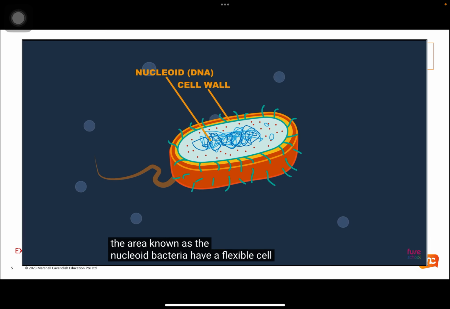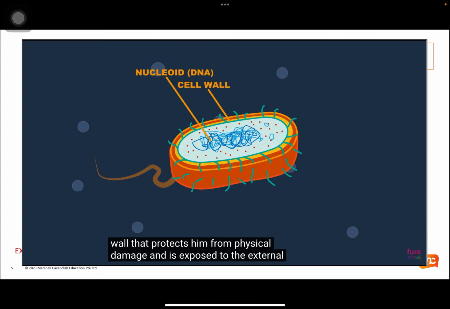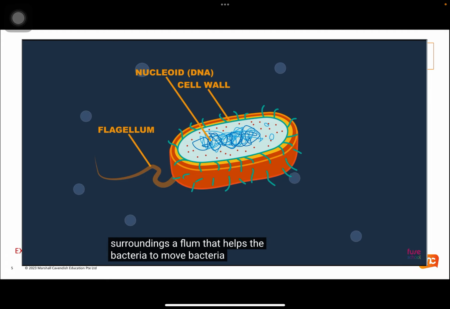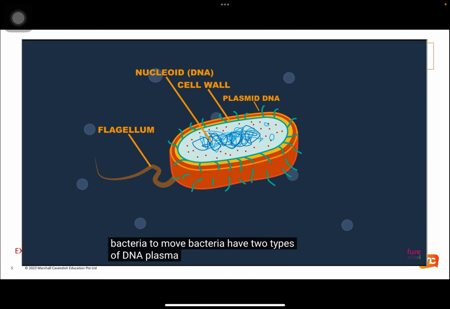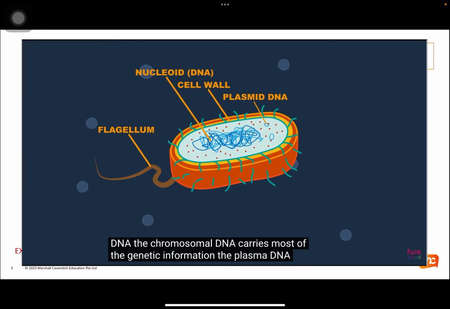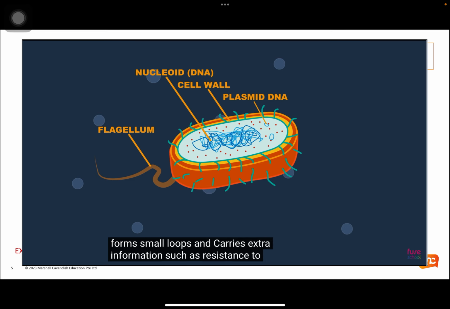Bacteria have a flexible cell wall that protects them from physical damage and is exposed to the external surroundings. A flagellum that helps the bacteria to move. Bacteria have two types of DNA, plasmid DNA and chromosomal DNA. The chromosomal DNA carries most of the genetic information. The plasmid DNA forms small loops and carries extra information such as resistance to antibiotics, production of toxins, and tolerance to toxic environments.